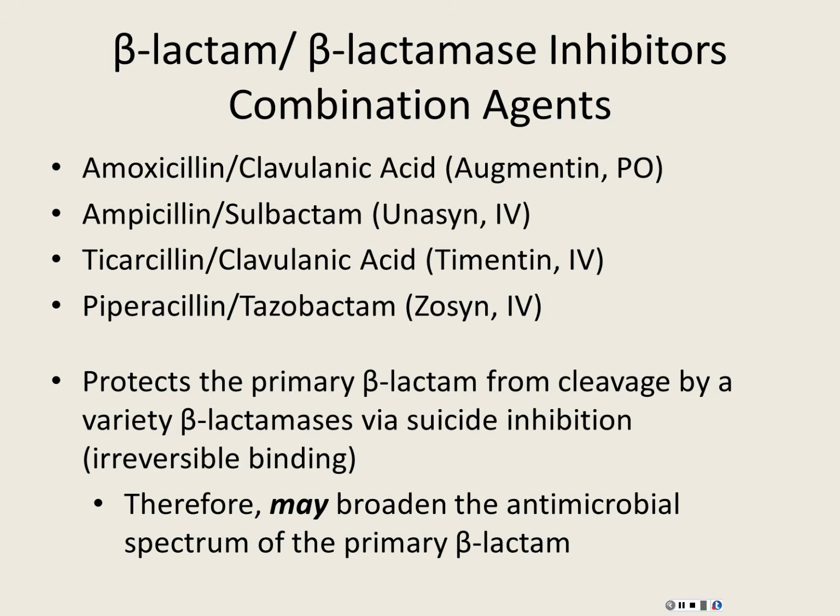Okay? So, when we're looking at some of our resistance problems, for example, the story of Staph aureus, Staph aureus produces a penicillinase that eats straight through penicillin, and it eats through the aminopenicillins, and it eats through the extended spectrum penicillins. The coverage for Staph aureus was there in the first place. It just wasn't stable against the penicillinase.